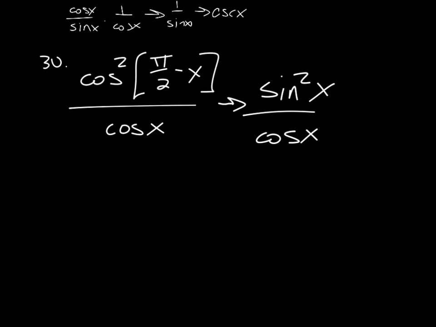I was gonna say that we could just divide them, like keep, change, flip, but that doesn't do anything, because then it's just the same thing again, just upside down. That's not one of our options though. You're just changing the tangent. So we could rewrite this as sine x over cosine x times sine.